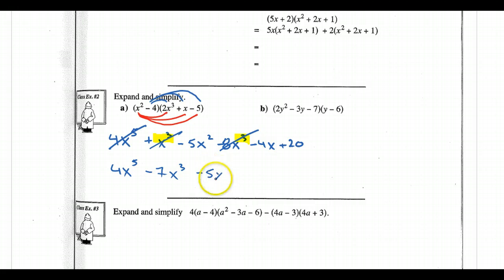Minus 5x squared minus 4x plus 20. Okay, this one here I'm not going to do example B, but it's the same way. You just work backwards. You can rearrange them to put this one in at the beginning if you like, or you can go 1 2 1 2 1 2. So again, every term has to multiply with every term in the other polynomial.